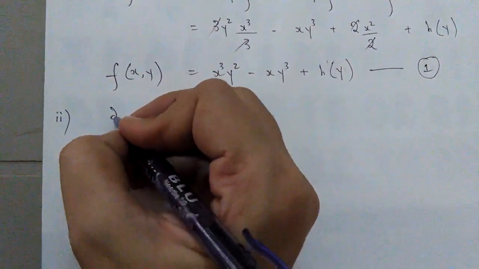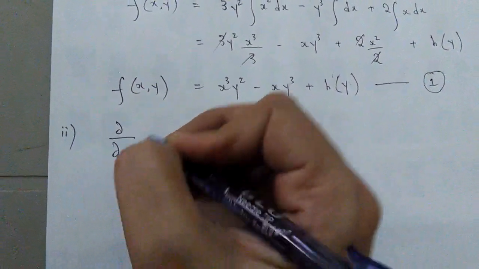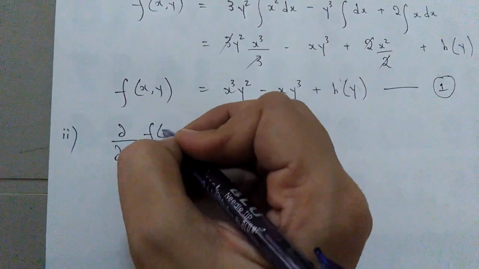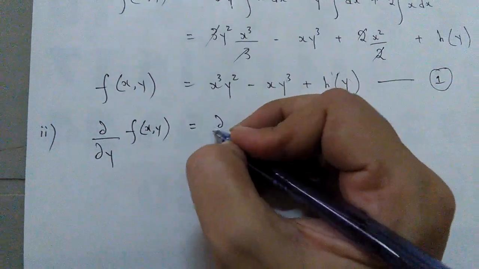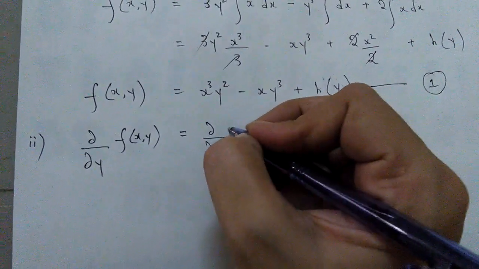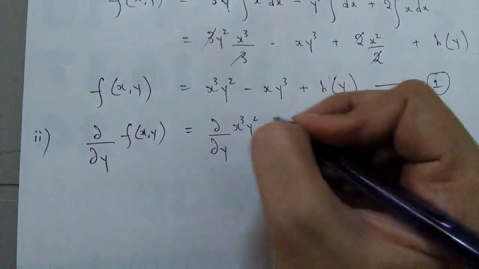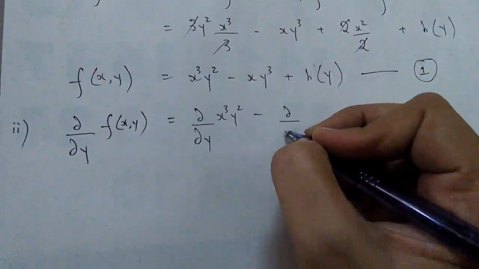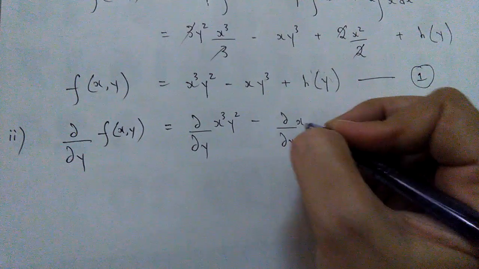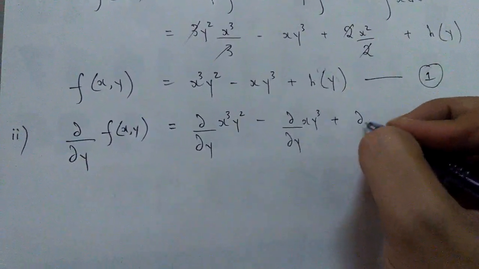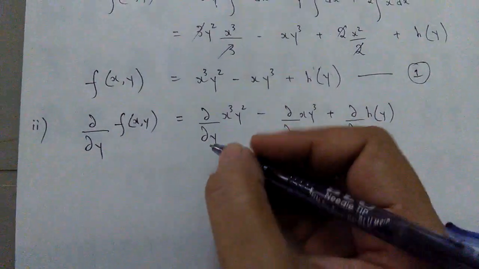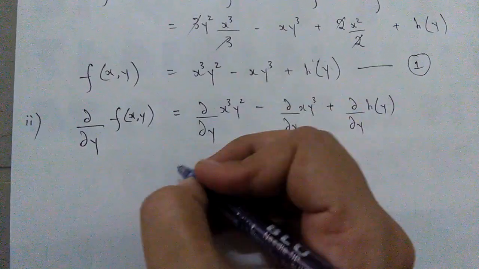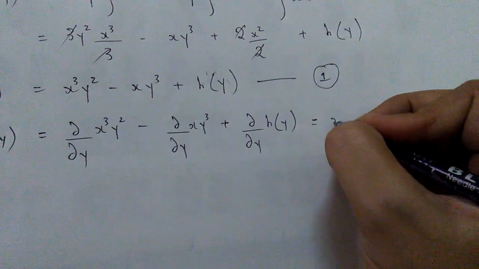So partially differentiating both sides with respect to y, here x cubed is behaving as a constant, so you can write it like this.